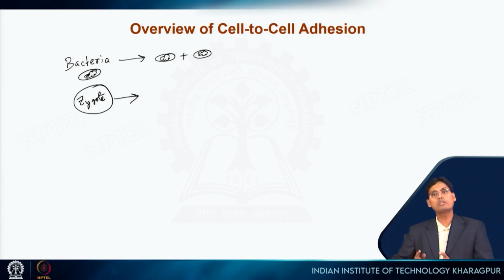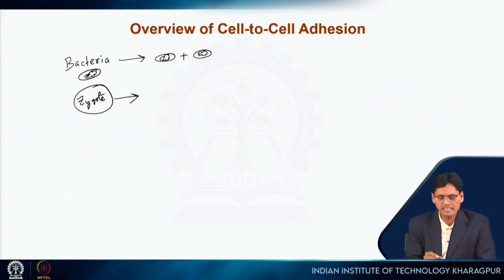So this is also cell-to-cell adhesion, but it is a pathogen and host interaction. Pathogens are getting attached to the host cell. But mostly in this lecture I will be discussing cell-to-cell adhesion in the context of our own body, mostly in the mammalian system, the human system, and how cells are adhered together. That is the major focus of today's class.